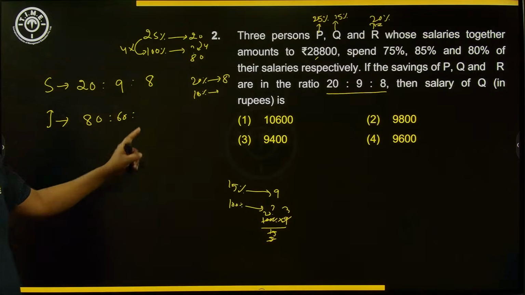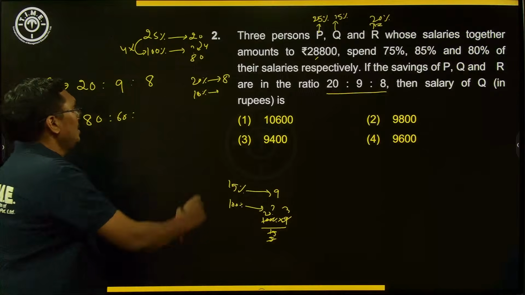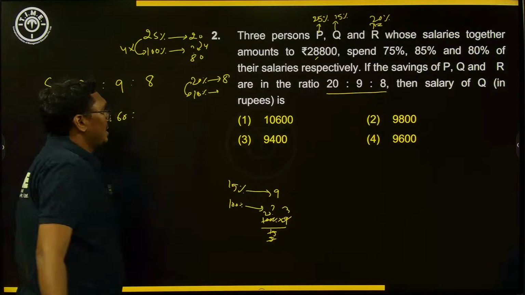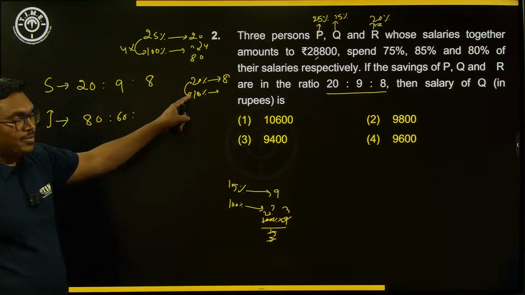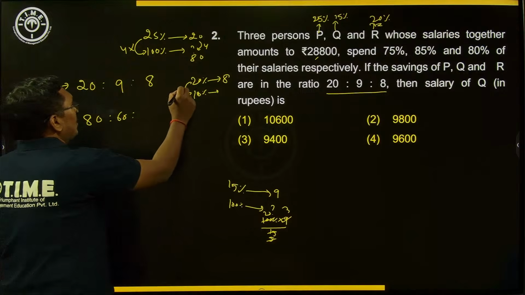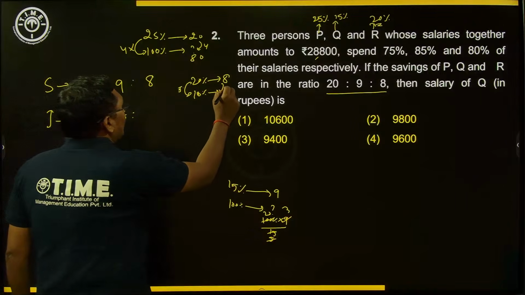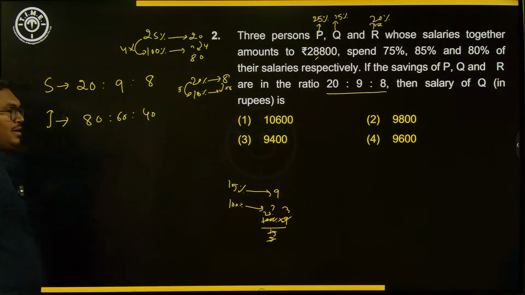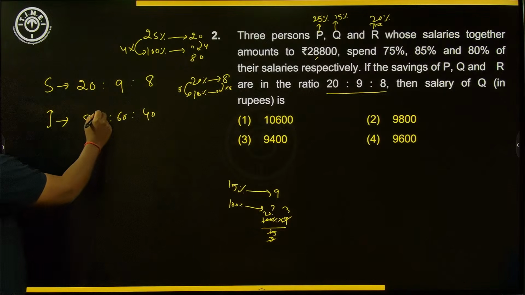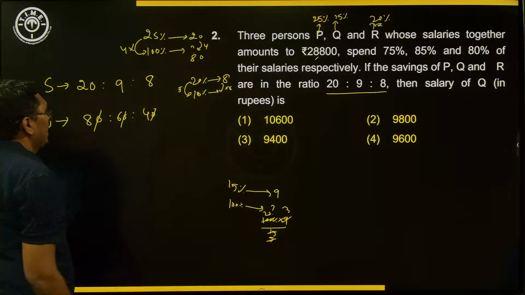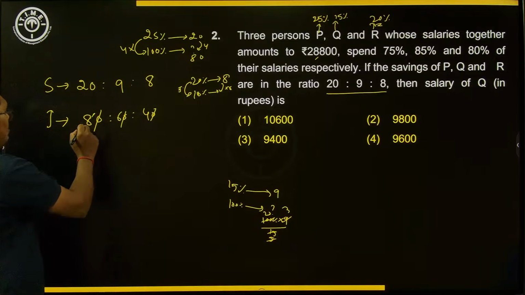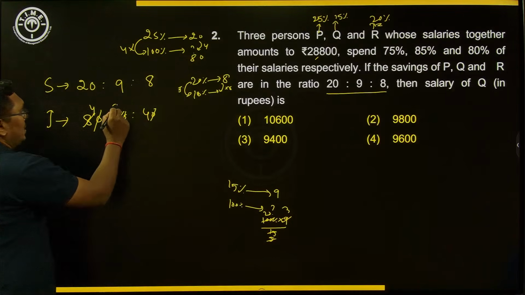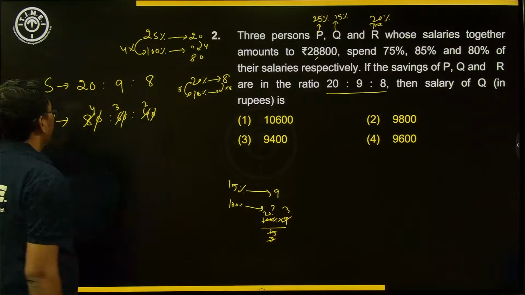We know that 20% is 8, and to find 100%, we have to multiply with what? 20 becomes 100 means we have to multiply with 5. So into 5. So this becomes 40, right? So simplify this one. 0 0 0 get cancelled, and 2 4 times, 2 3 times, 2 2 times.